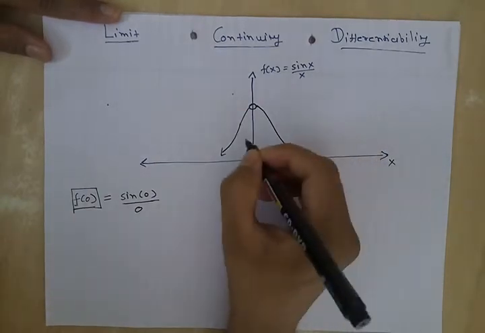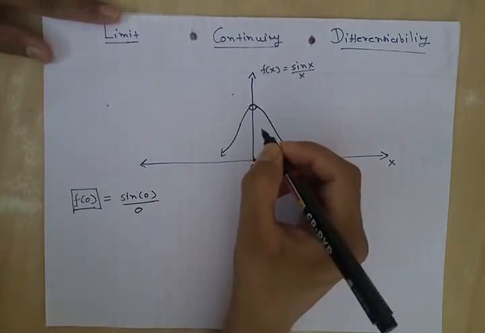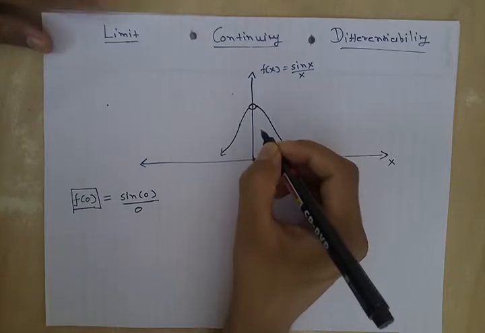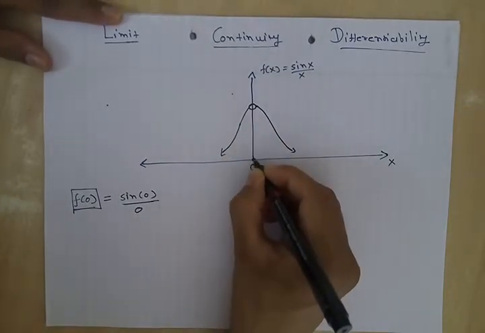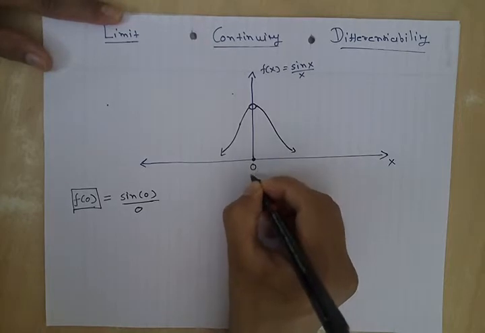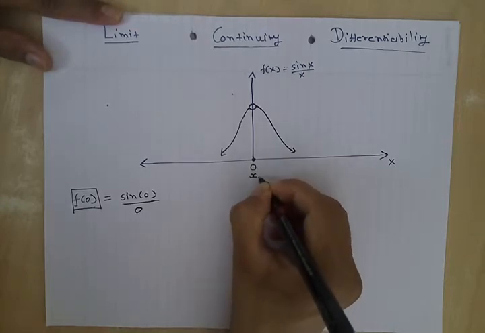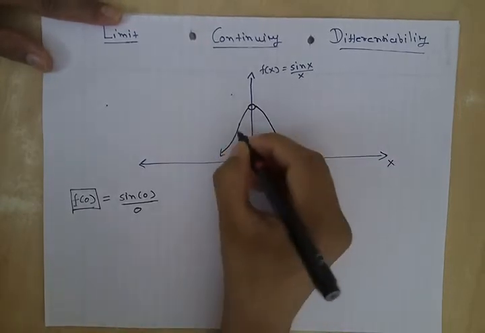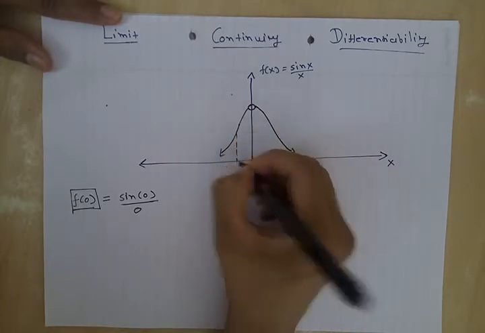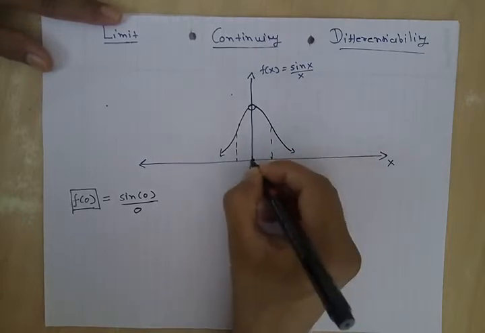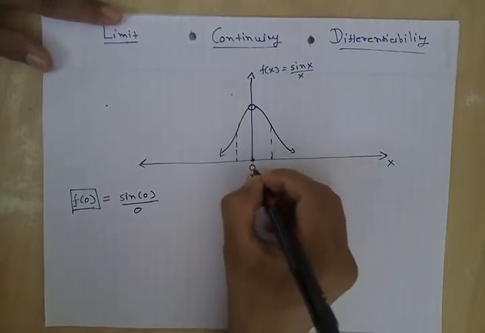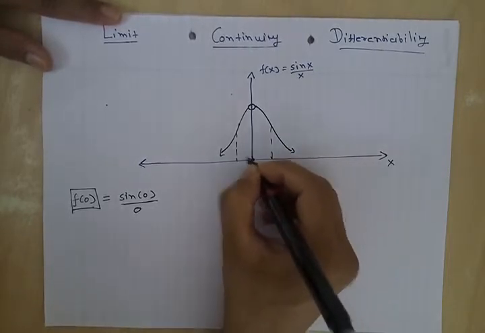Now I will explain the process of finding the limit of a function. If you want to find the limit of the function at this point, let us say x0 = 0, then you have to take a small interval on both sides of this x value.